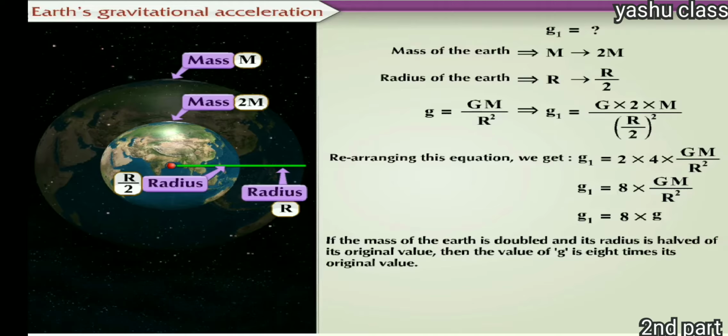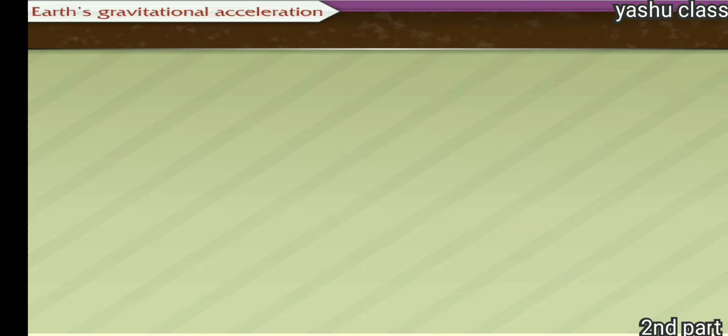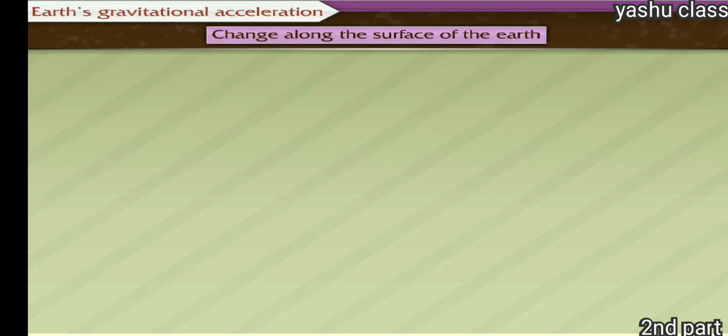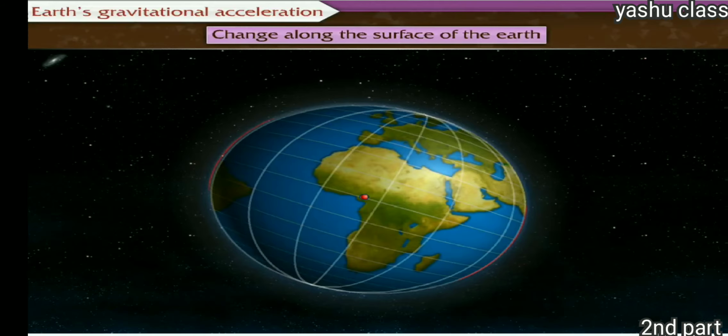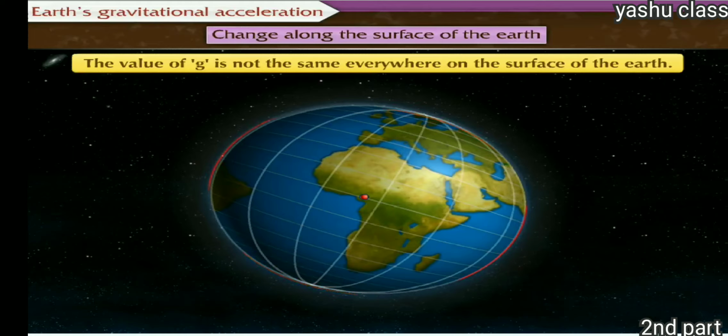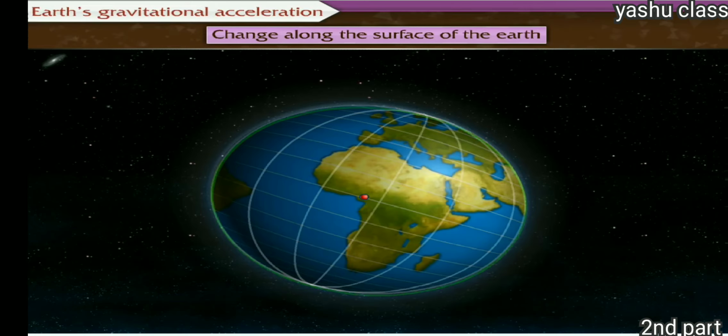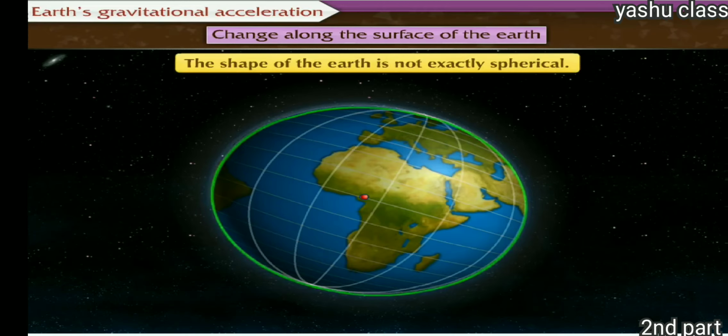Come, let us now study the variation in value of acceleration due to gravity. 1. Change along the surface of the earth. The value of g is not the same everywhere on the surface of the earth. It is because the shape of the earth is not exactly spherical.